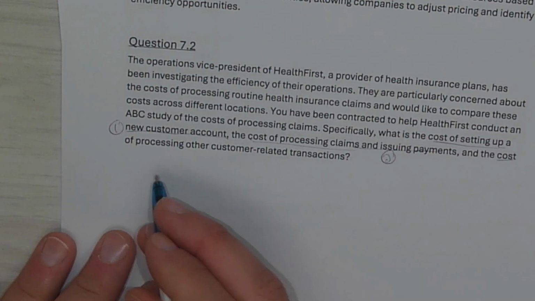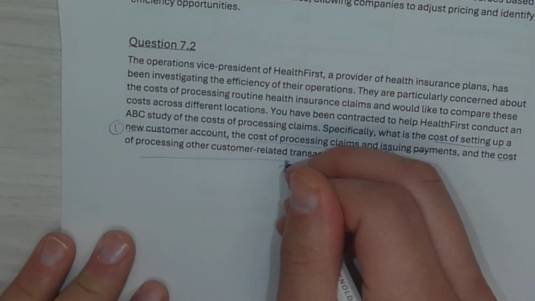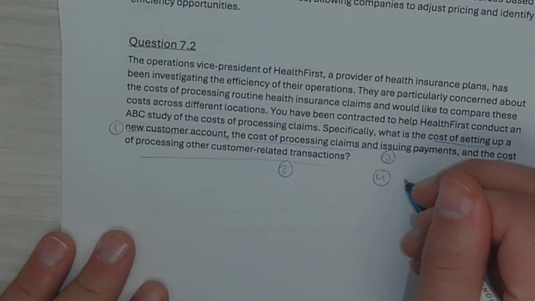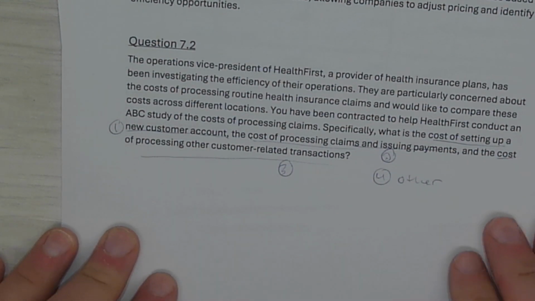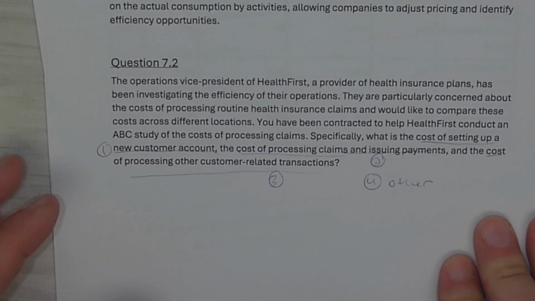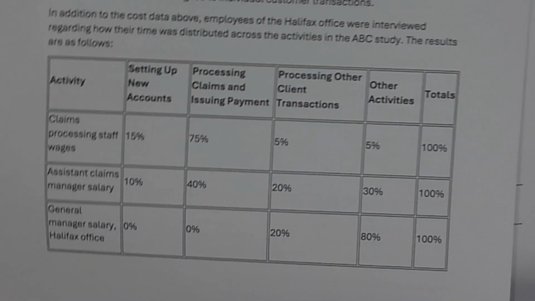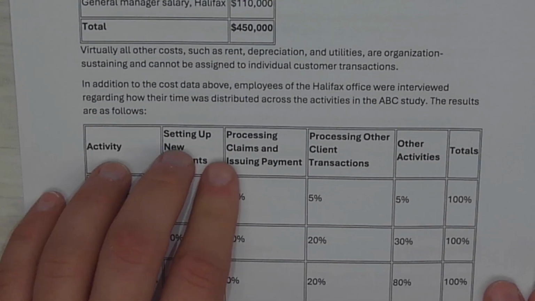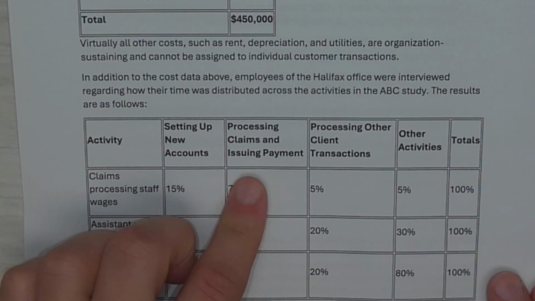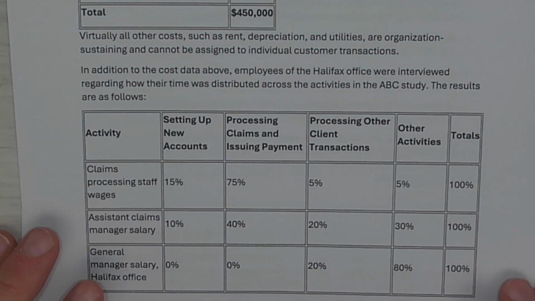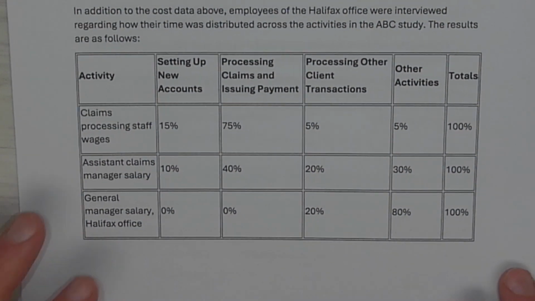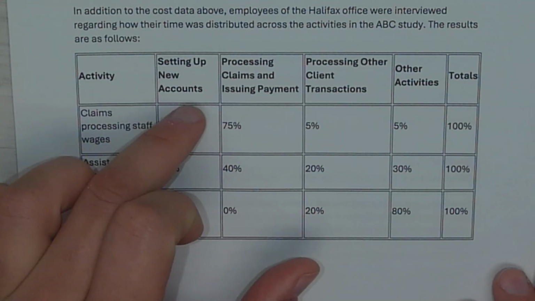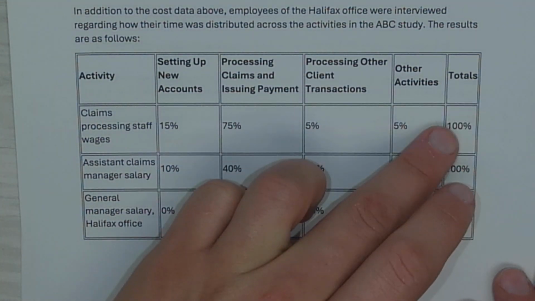And the cost of processing other customer-related transactions is 3, and in this scenario, they've added other as the fourth. So we've got 4 types of costs here. These are the activities that staff and management and overhead would be assigned to. So we have all of our overhead costs, and we're going to assign it to these activities.